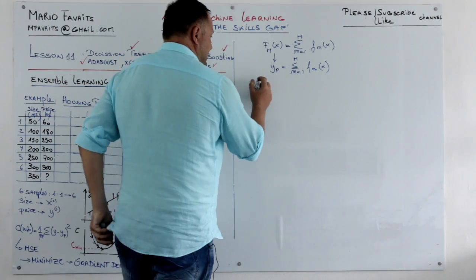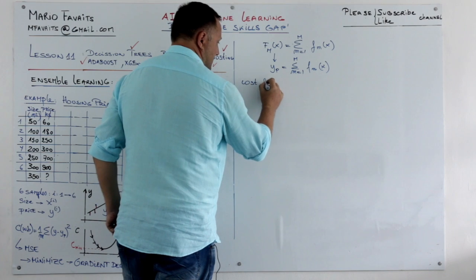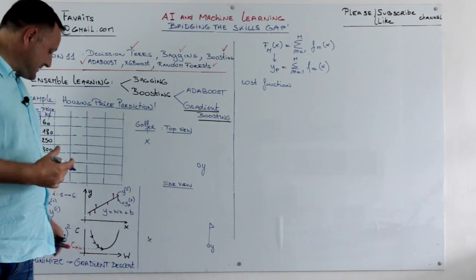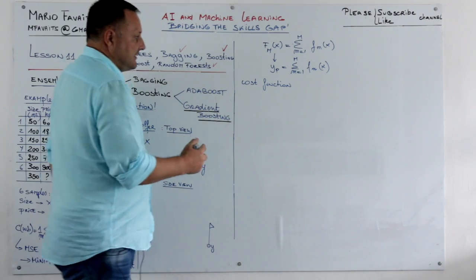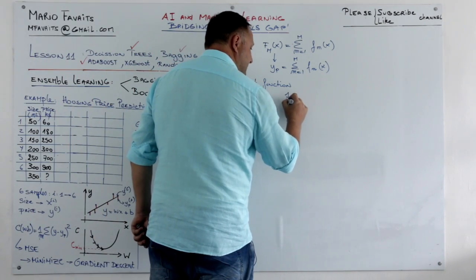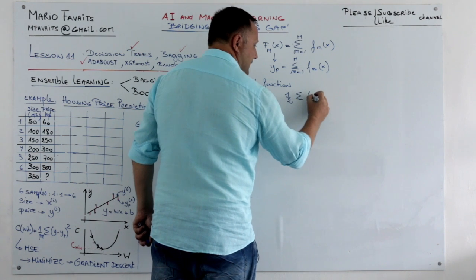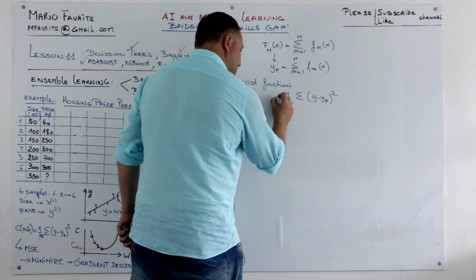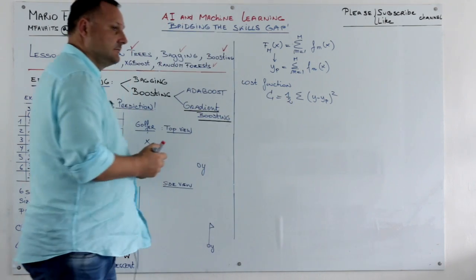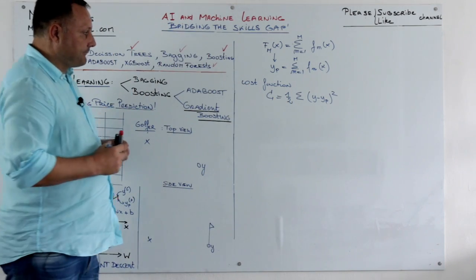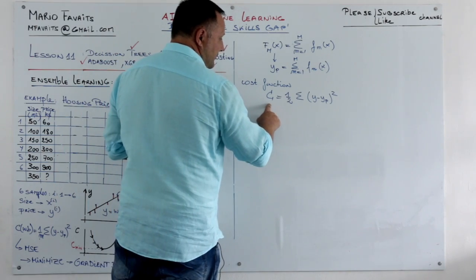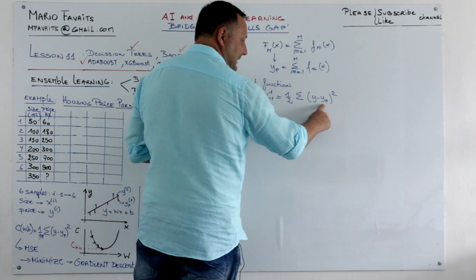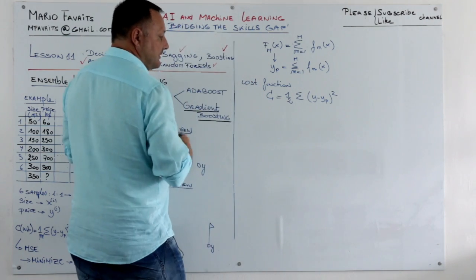Then we need to define a cost function. The cost function will be quite similar to this one. And this cost function we define as half of the sum of y minus y predict squared. So this is our cost function. Okay? And in order to find the minimum, we need to take the derivative with respect to yp and set it to 0.